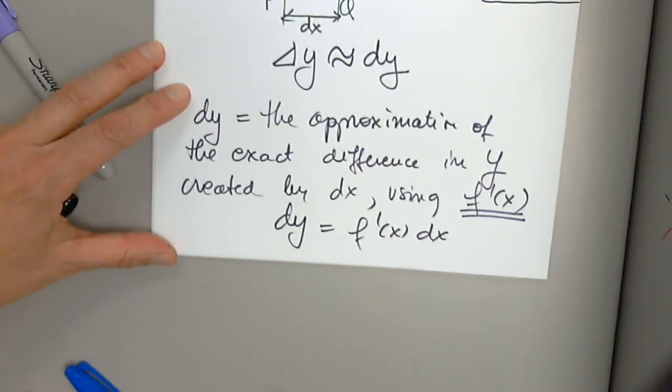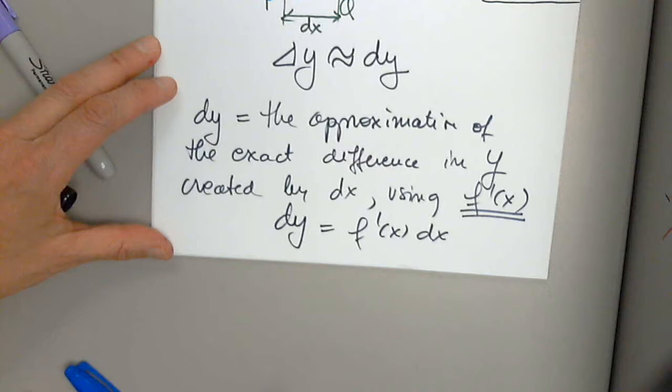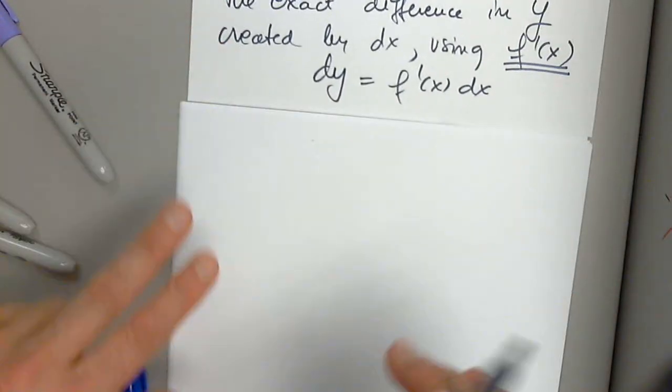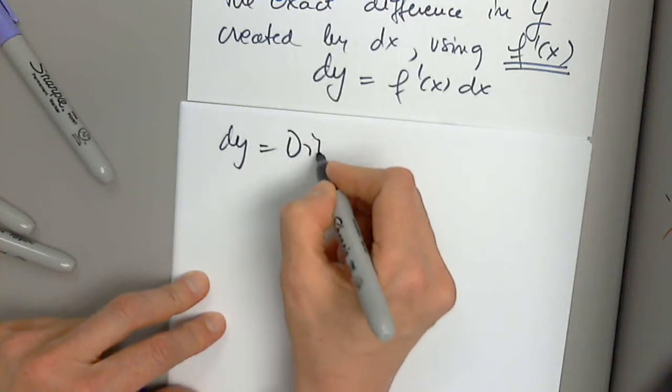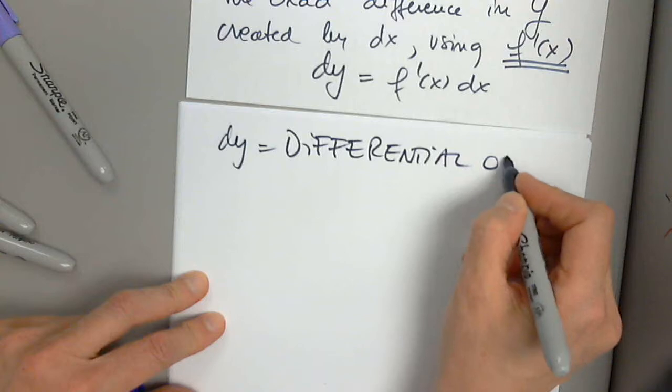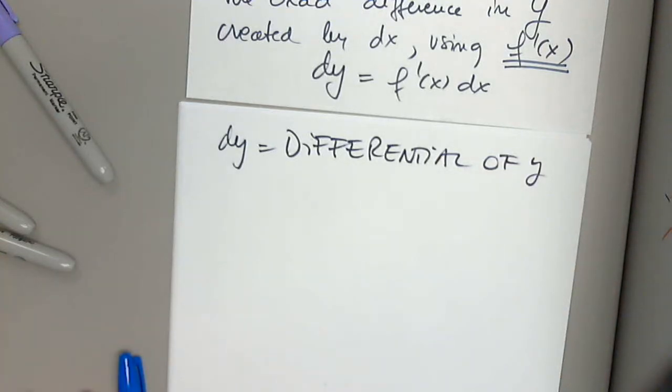And this is called the differential of y. So dy is the differential of y. Why is it called differential? It's a difference using a derivative. It's a differential of y.